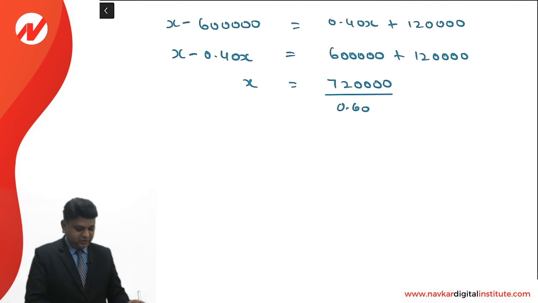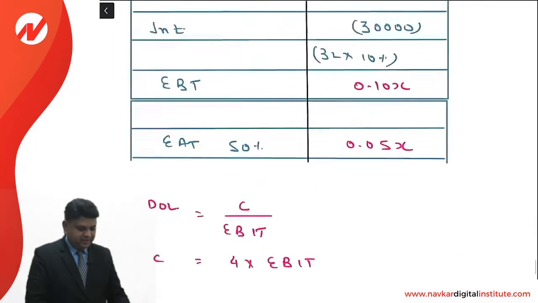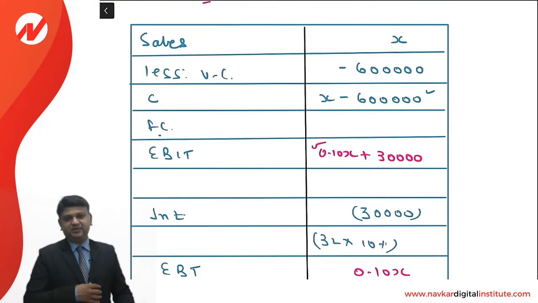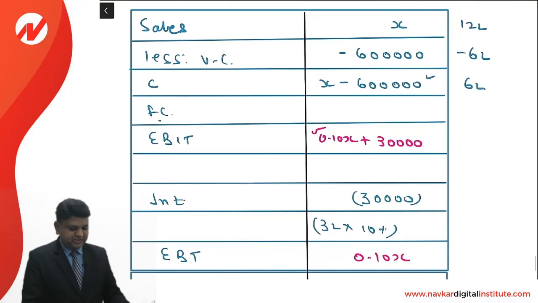That comes to rupees 12 lakhs. Once we make the computation of the sales value, 12 lakhs, the remaining answer will be very simple. Just I am explaining to you. Of course, we are going to have the proper working. This is 12 lakhs minus 6 lakhs. So this is 6 lakhs.